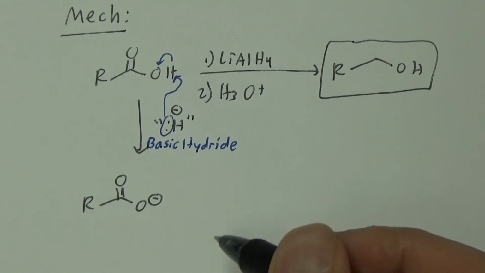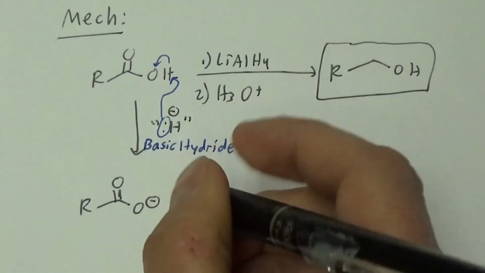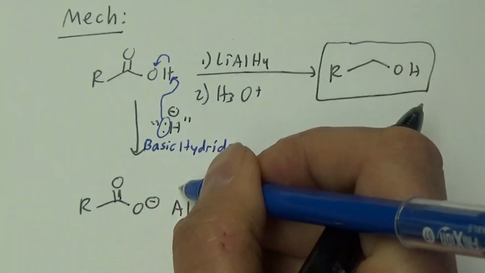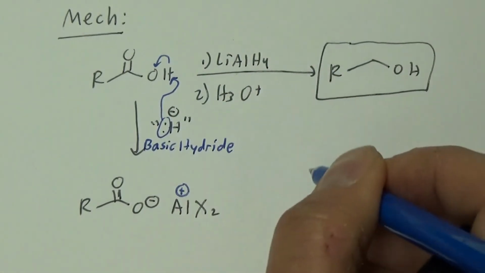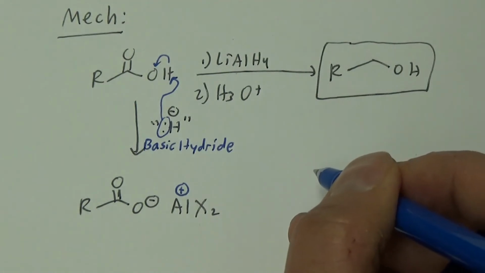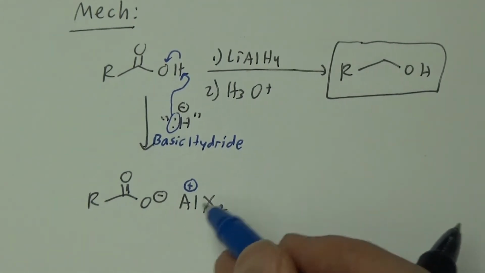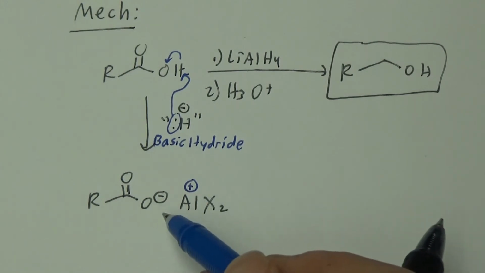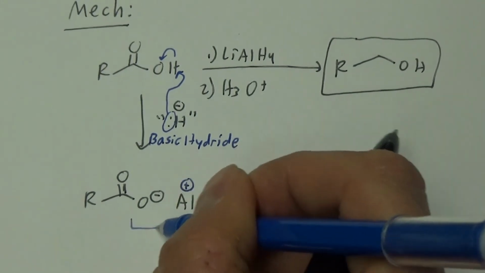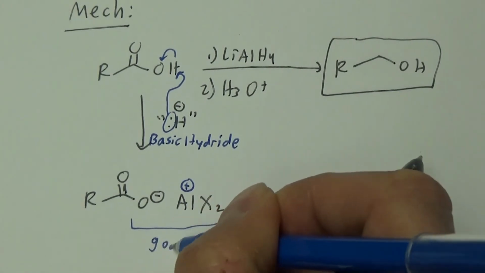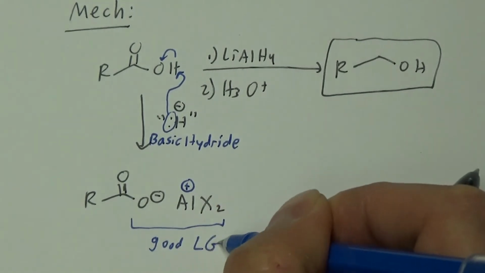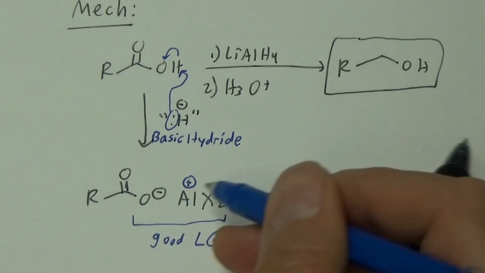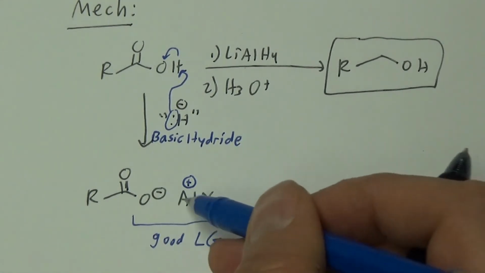I usually just draw this as AlX2 plus. The nature of the X groups is not too important. The big thing though is this is a good leaving group. It somehow improves the leaving group ability by being attached to aluminum.